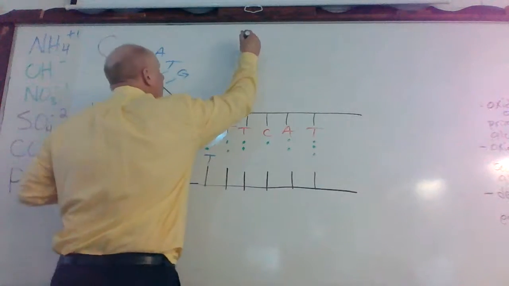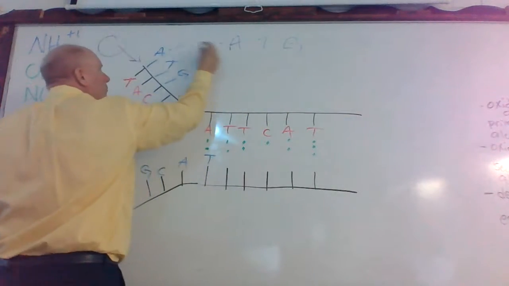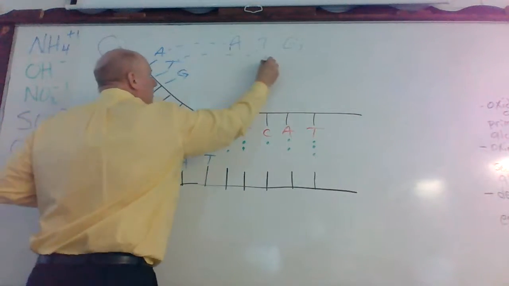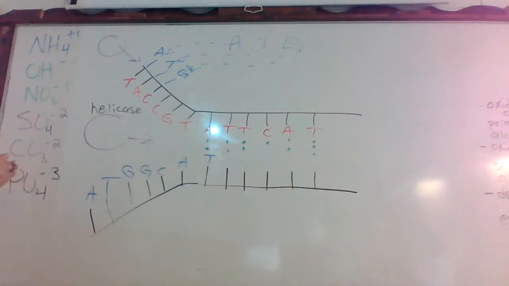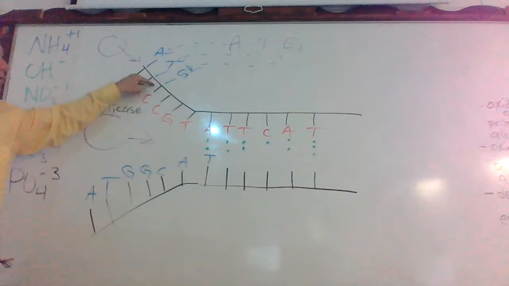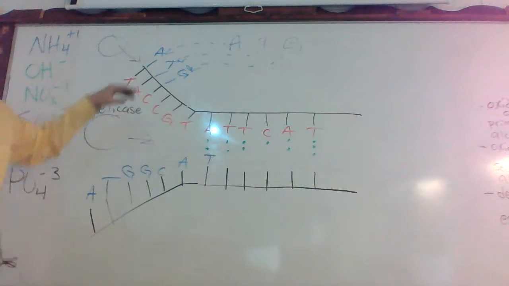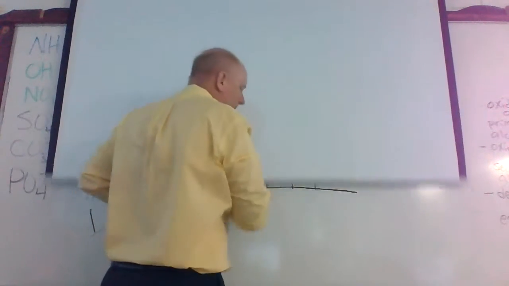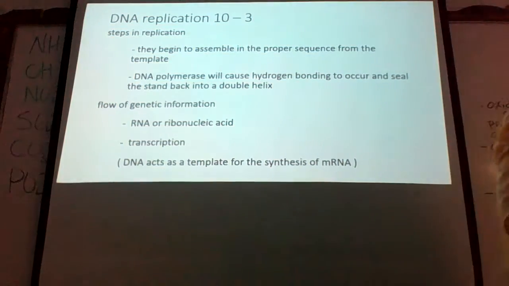They eventually start pairing up with their complementary base pair here. And then, what is the final step? What is this enzyme that's forming the hydrogen bonds between these two? Don't just say polymerase, you need to be a little more specific. DNA polymerase. Okay, so that is where we had left off.